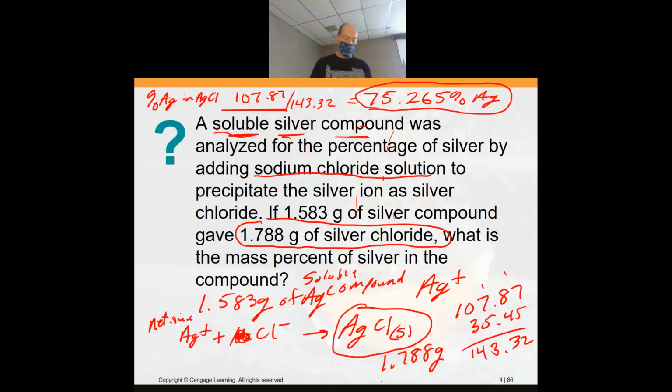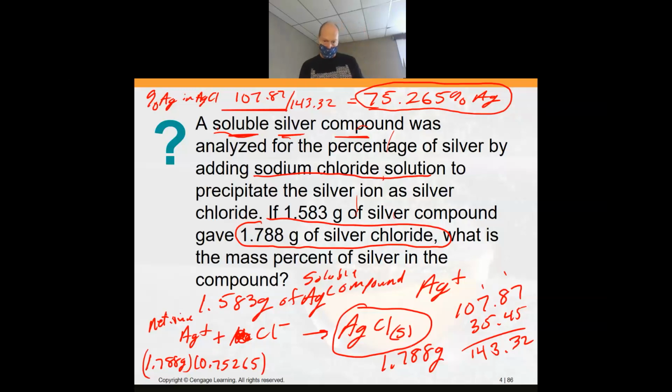All right, so we want to take 75.26% of 1.788 grams. So put that in a fraction form, 0.75265. All right, so we multiply that, 1.788 times that answer.